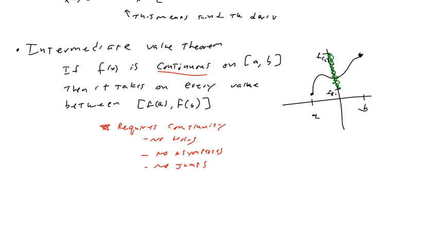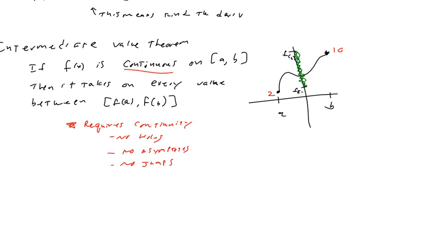So let's say I start down at 2 and go to 10, right? Somewhere in this range my value is going to be, I don't know, 7. It guarantees every value between 2 and 10, because that's what the intermediate value theorem says.